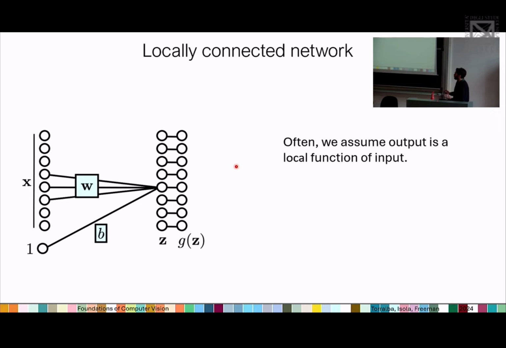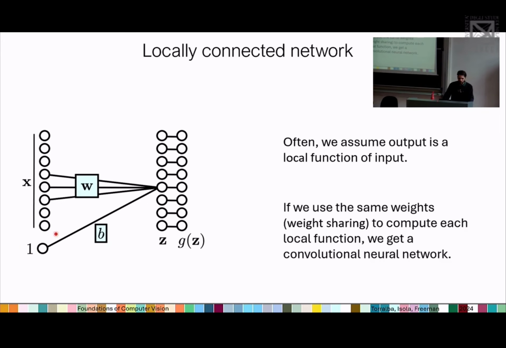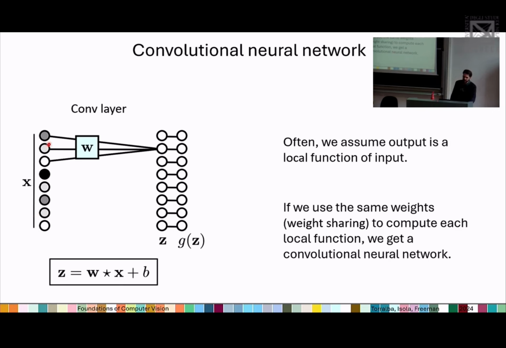With a locally connected network, you use the same weights to process every input and its direct neighbors. If you work this way, what you get is a convolutional neural network.